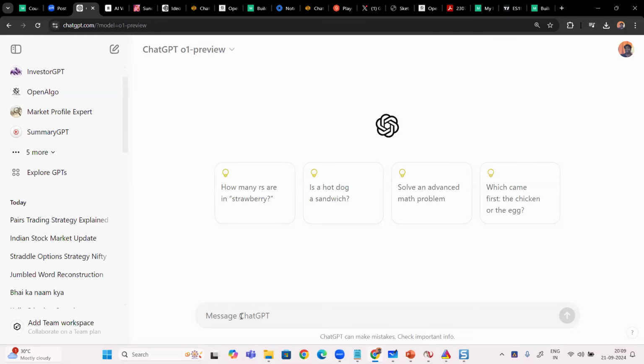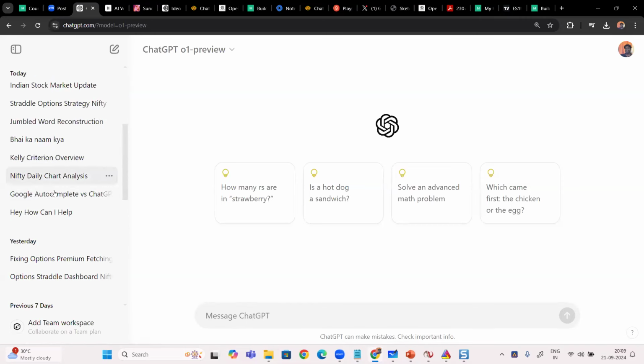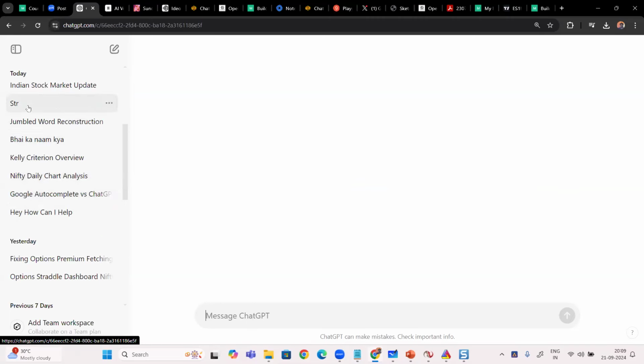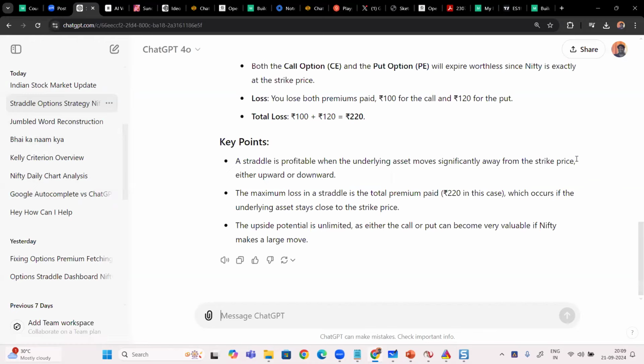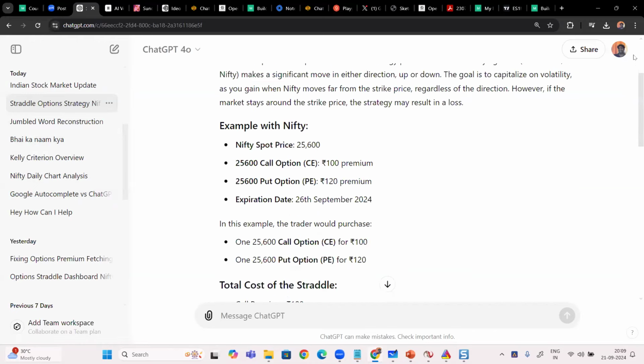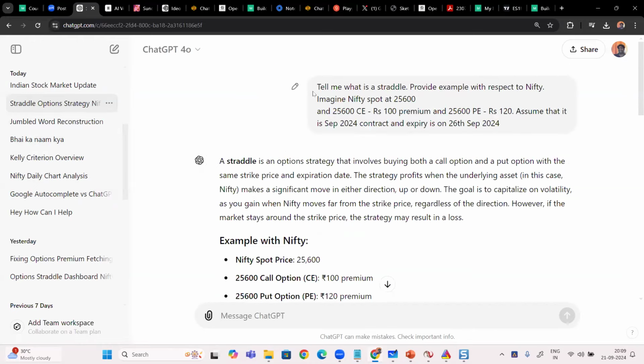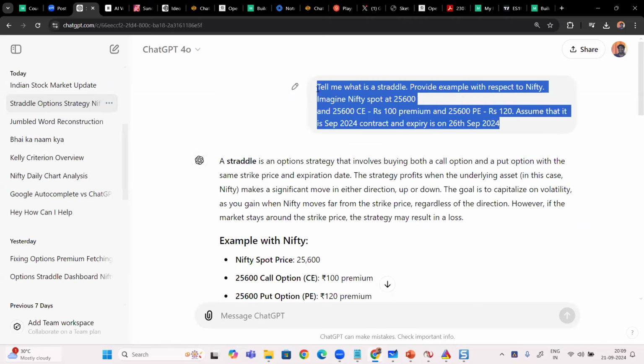For example, let me ask slightly the same question I asked earlier, about straddle options. Here, in the other model, there is no thinking process at all. It comes up with the correct output.